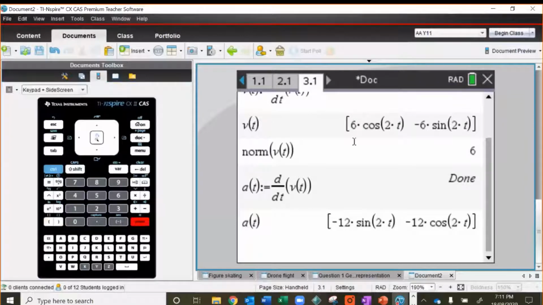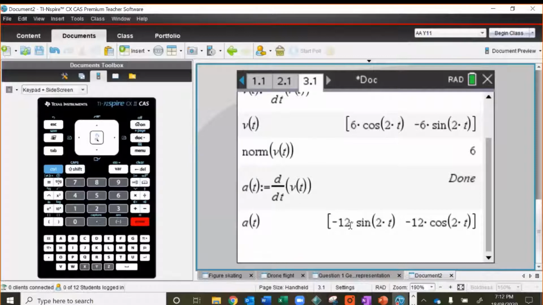Now if we compare those two, we note that 6 cos 2t i minus 6 sin 2t j is the velocity, and that's the acceleration. How do we show that two vectors are perpendicular? We find the dot product.